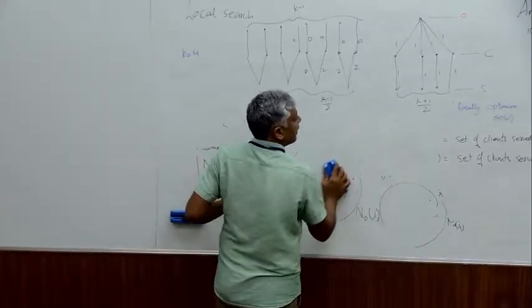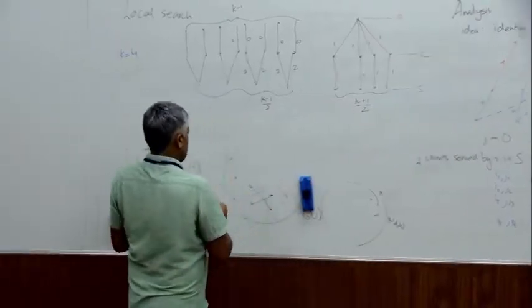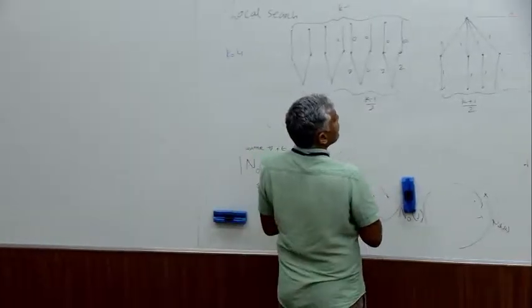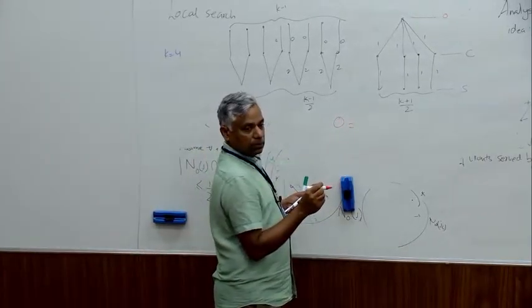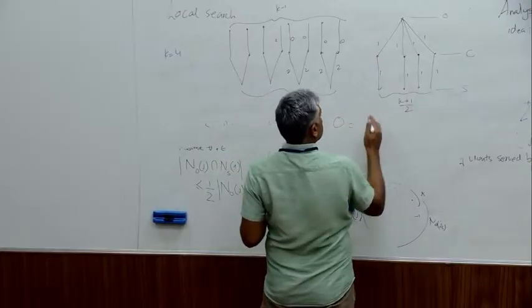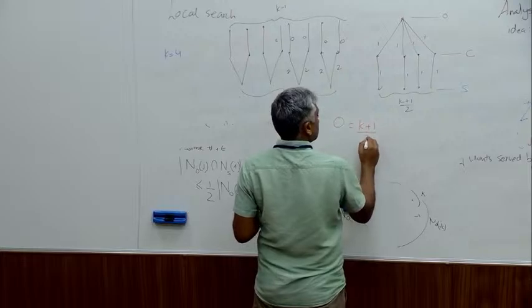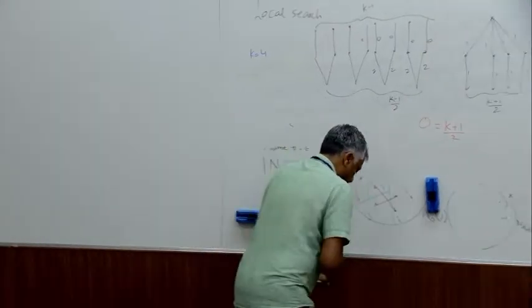So first let's just quickly check what the cost of the locally optimum solution and the optimum solution is. So the optimum solution has a cost of, right, these are ones, so these are only k plus 1 by 2 clients, so the optimum solution has a cost of k plus 1 by 2.